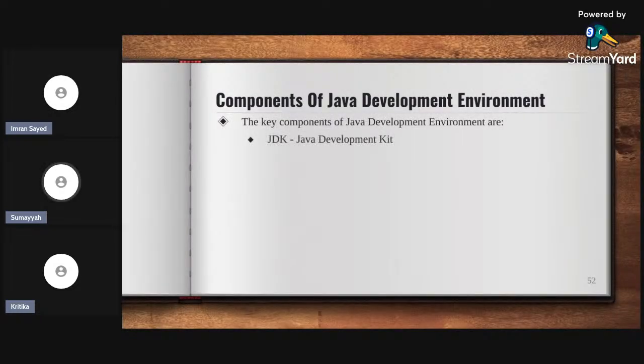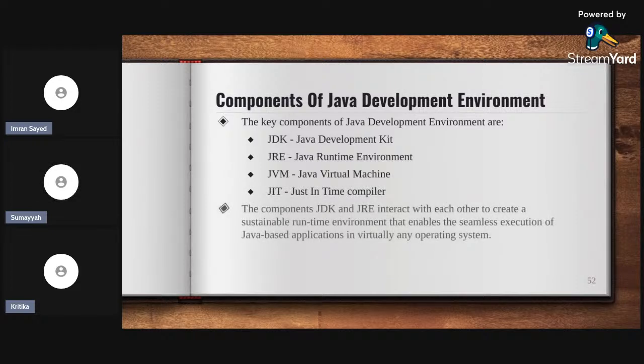The key components of the Java development environment are JDK, Java Development Kit; JRE, Java Runtime Environment; JVM, Java Virtual Machine; and JIT, Just-in-Time Compiler.